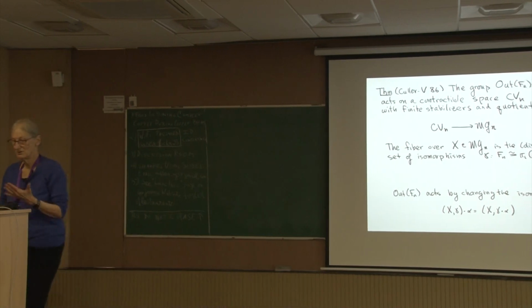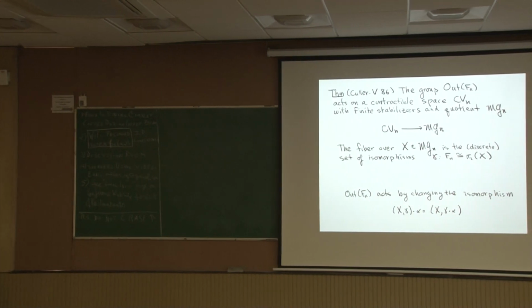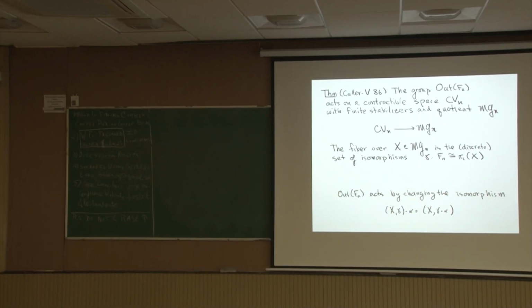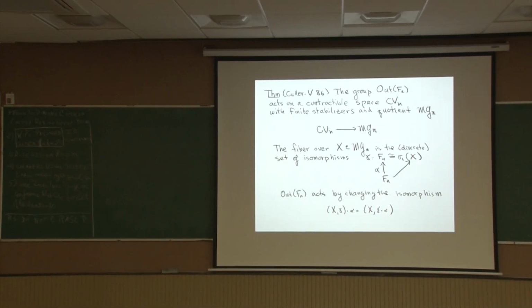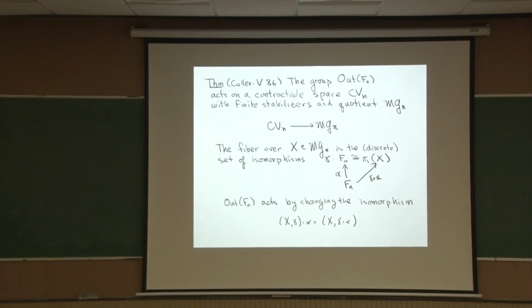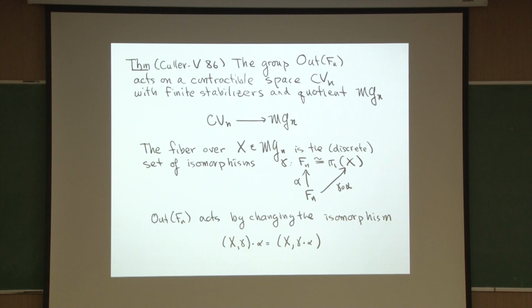The point about this is that the group of outer automorphisms of a free group acts by just changing the isomorphism. So if I have an automorphism alpha of the free group, then I can compose gamma with alpha and get a new isomorphism of the free group with the fundamental group, and that gives me a different point in my space.